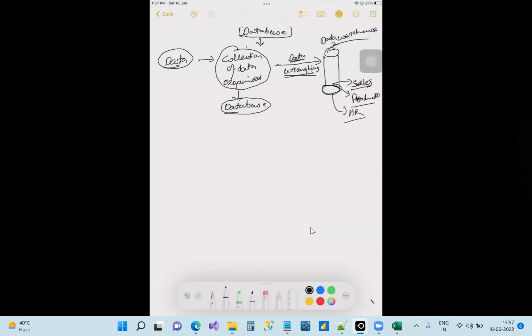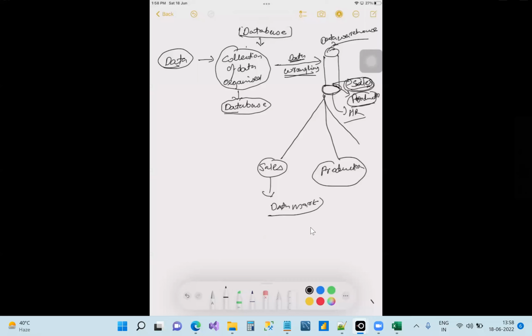But from here, if we want to segregate all data related to sales or all data related to production, so that all sales data comes together, all production data comes together, similarly HR, these are called data marts.